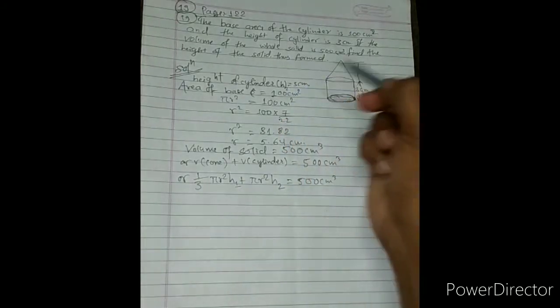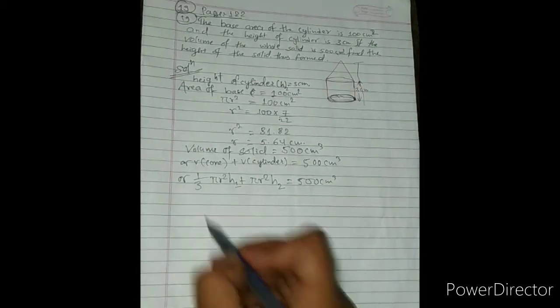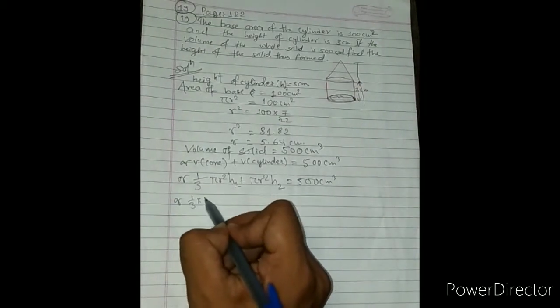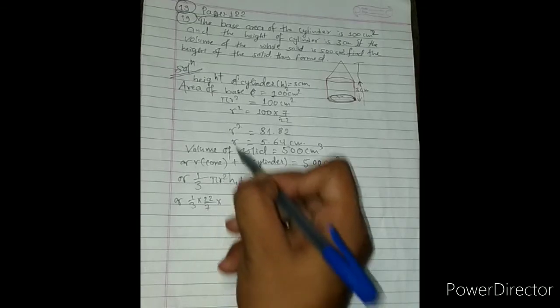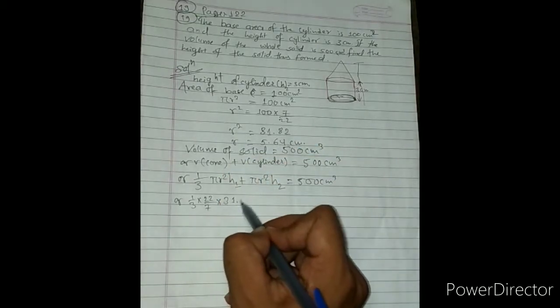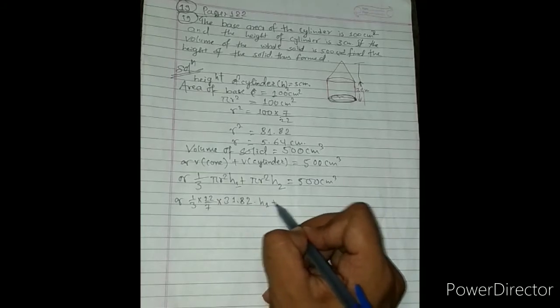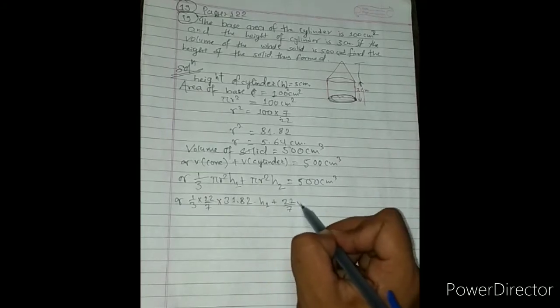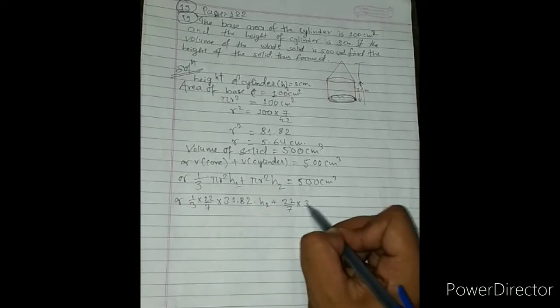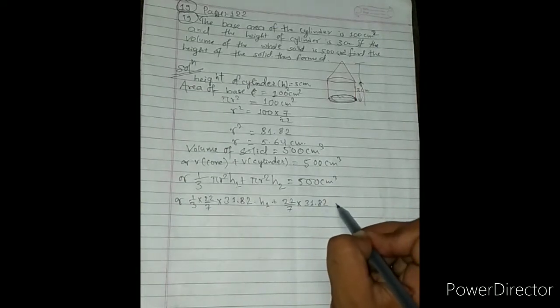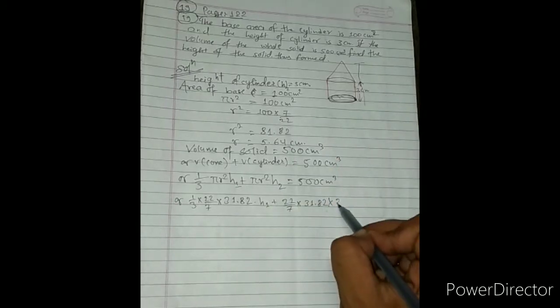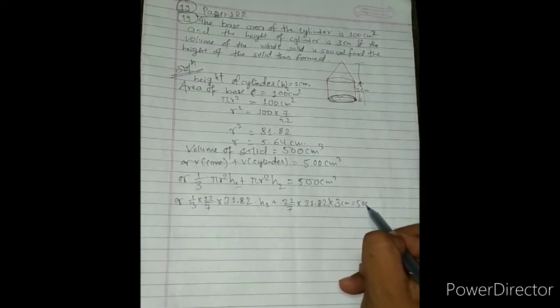So 1 by 3, 22 by 7, r square is 31.82, h1 is unknown, plus 22 by 7, r square is 31.82, into h2, the height of the cylinder, which is 3, equals 500.